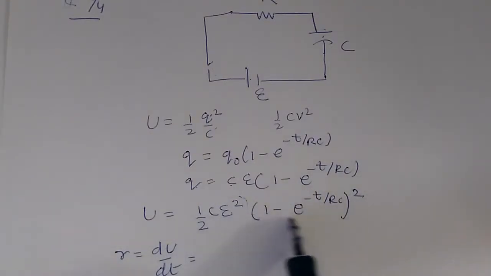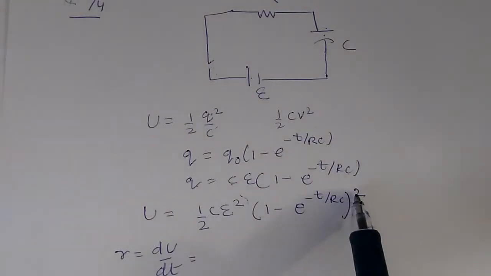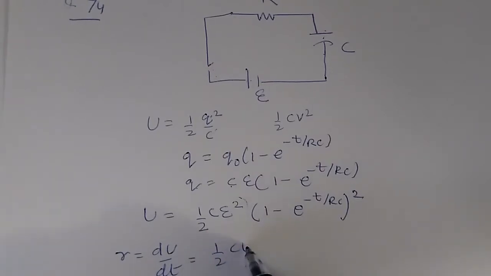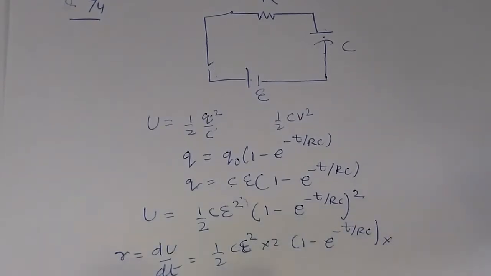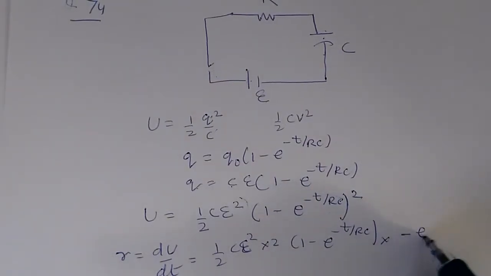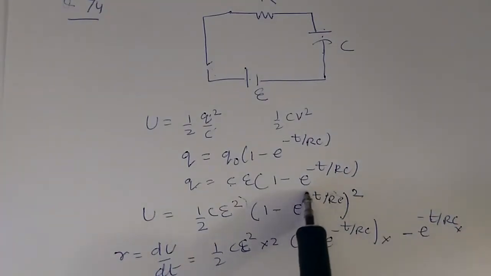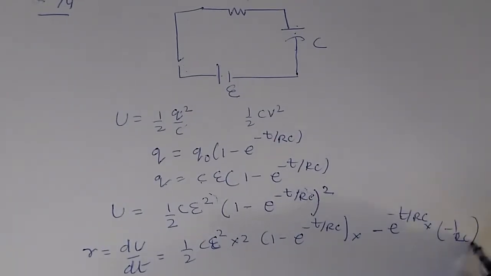We need to differentiate this whole term with respect to t, so the differentiation will be n x to the power n minus 1, so half C E square multiplied by 2 into 1 minus e to the power minus t upon RC multiplied by the differential coefficient of this whole term. So differentiating this, we have minus e to the power minus t by RC multiplied by the differentiation of this term, which is minus 1 upon RC.